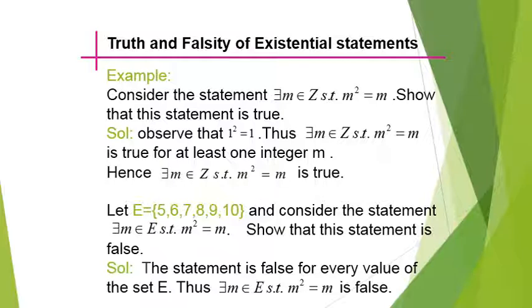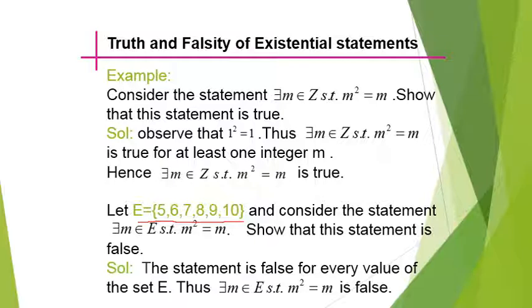Now again, taking some set E as {5, 6, 7, 8, 9, 10}, consider the statement: there exists m belonging to E such that m square is equal to m. Show that this statement is false. Now here the domain is changed from Z to E, and for this E, now our existential statement is a false statement. इसको देखते हैं, that if we take m equal to 5 here, then 5 square is equal to 5.